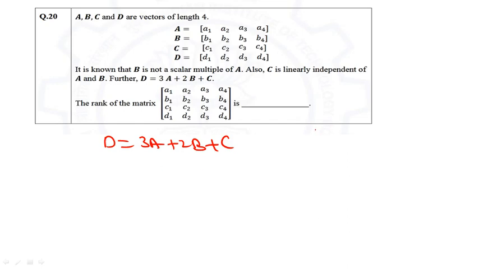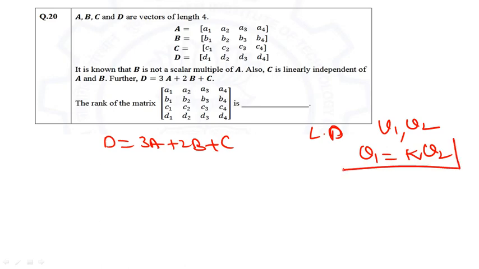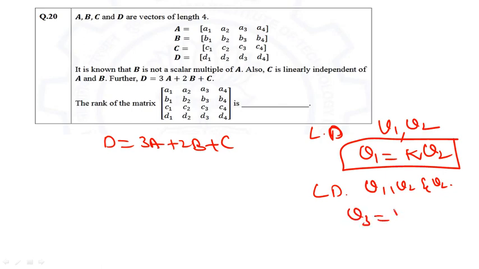You know linearly dependent and linearly independent. Two vectors v1, v2 are linearly dependent means that one vector is a scalar multiple of the other vector. Similarly, for more than two, like v1, v2, and v3, v3 can be written as some scalar multiple of v1 plus a scalar multiple of v2.